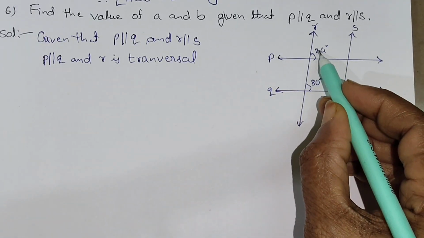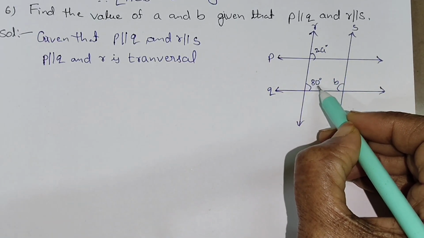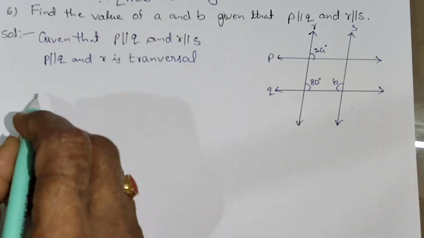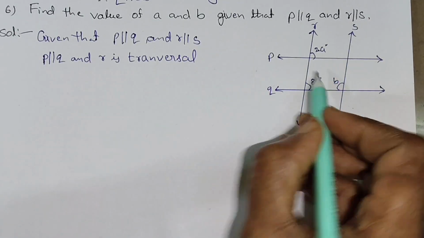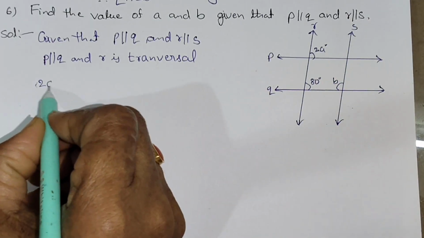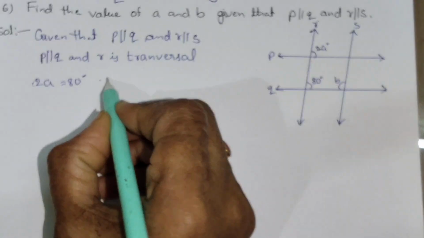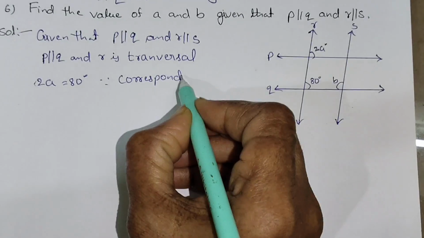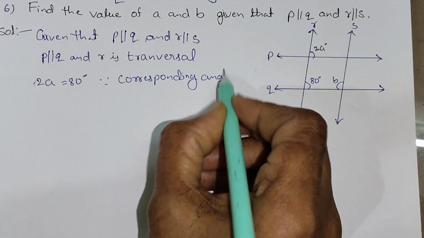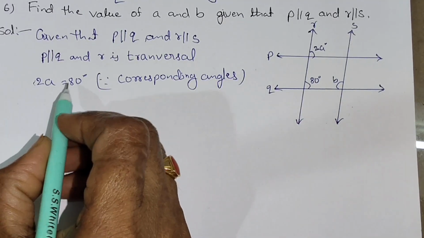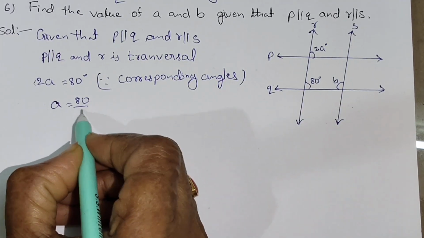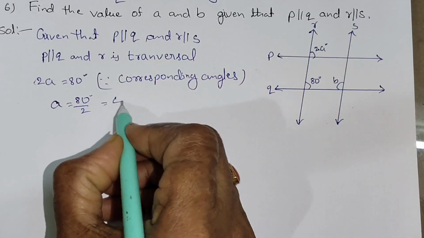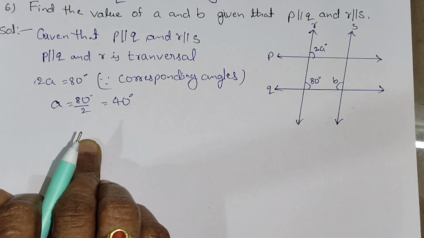So automatically 2A and 80 degrees are equal, because these two are corresponding angles. 2A is equal to 80 degrees, since they are corresponding angles. So A equals 80 by 2, which is 40 degrees. A equals 40 degrees.